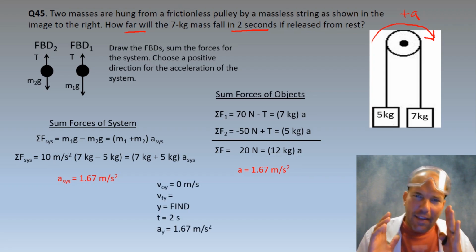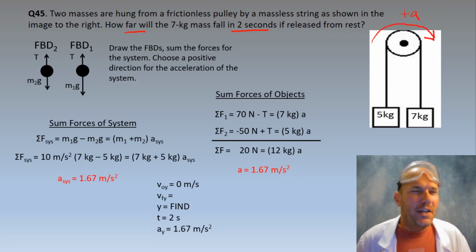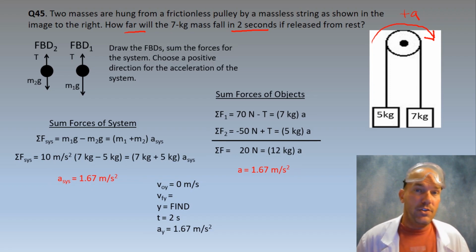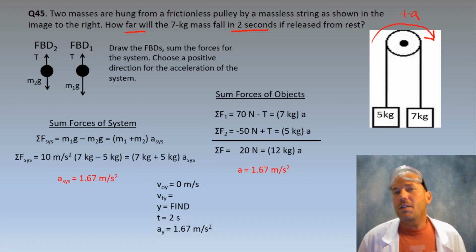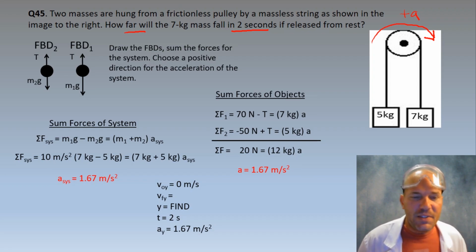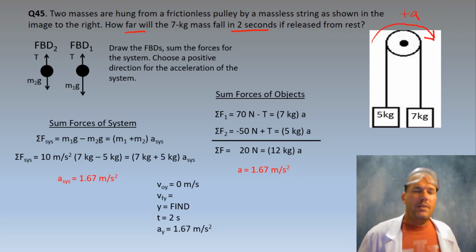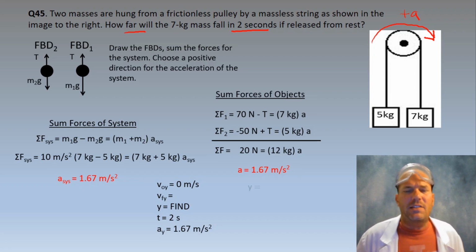Now, I told you we were going to be using some kinematics and UAM. Questions like how far, so what is the vertical change in position? How many seconds? We're given the amount of time, and we want to find the change in vertical position. Like we always do with kinematics, we write down everything we know and choose from one of the 4 UAM equations that fit our variables the best.